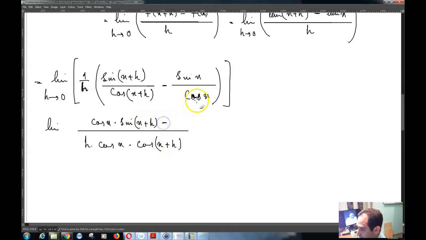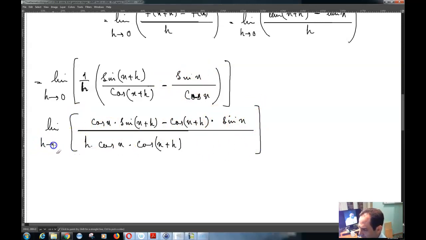And then over here cos of x plus h times the sine of x, as h tends to 0. So this is the sine of x plus h times cos x minus cos of x plus h times sine x over h times cos x times cos of x plus h.